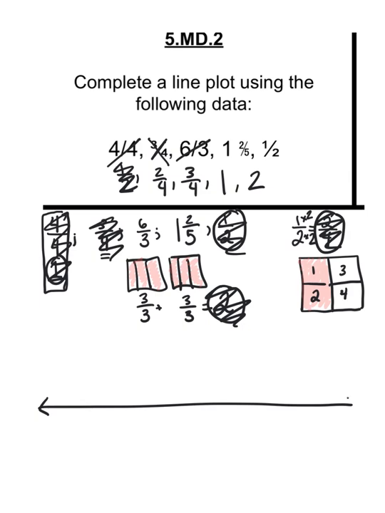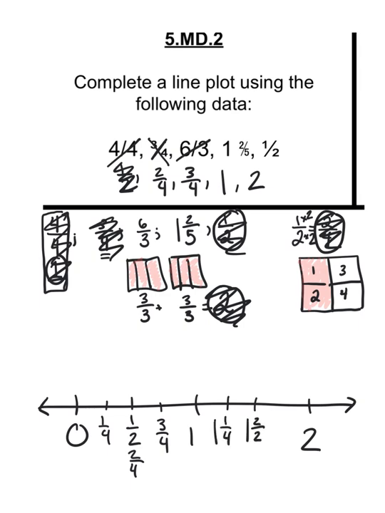Got it. 0, 1, 2. 1/4, 2/4, 3/4, 1 whole, 1 and 1/4, 1 and 2/4, 1 and 3/4, and then 2.